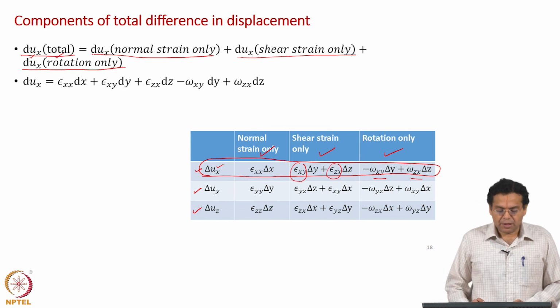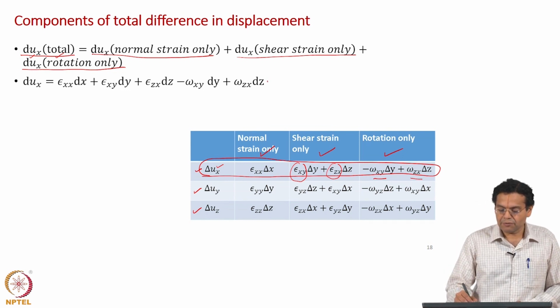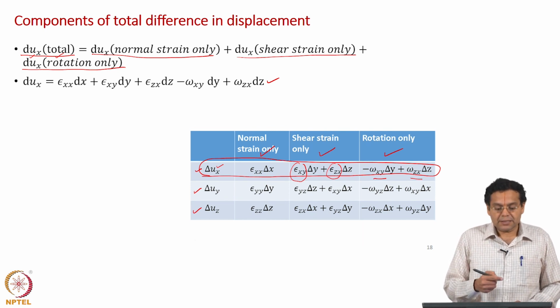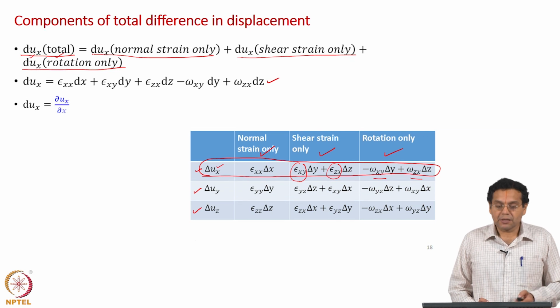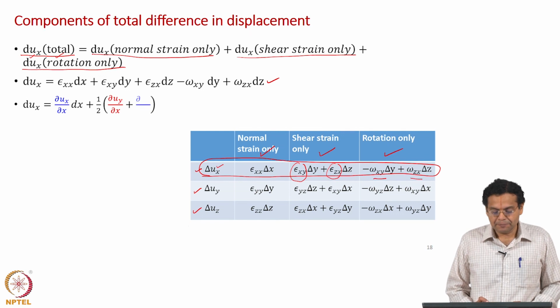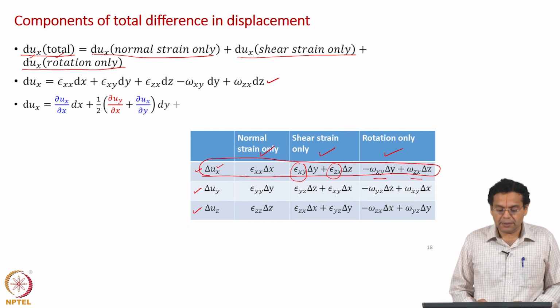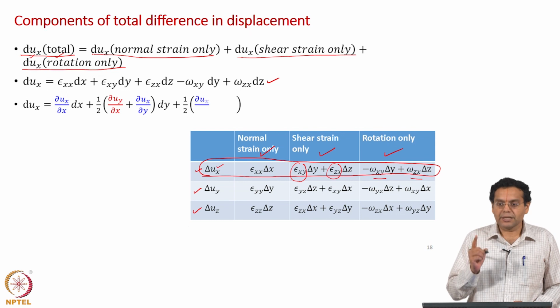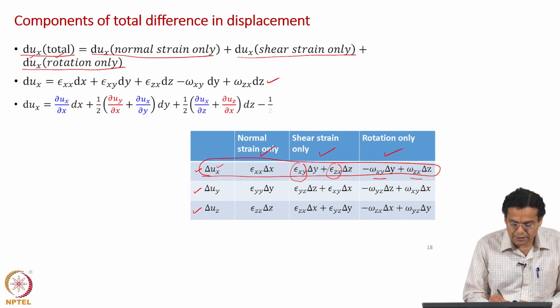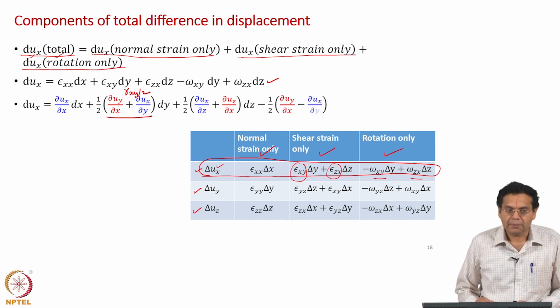Okay. Now, what we will do, so this equation is just sum of all the terms in the first row. We will express them in terms of displacement gradients. Okay. So, let us do that. Du x is equal to epsilon x x, which is nothing but dou u x by dou x, you will understand the color shortly. Okay. And epsilon x y, remember, is shear strain by 2, please keep that in mind, usually it is a cause for confusion. Epsilon x y is gamma x y by 2, this is gamma x y multiplied by a half.